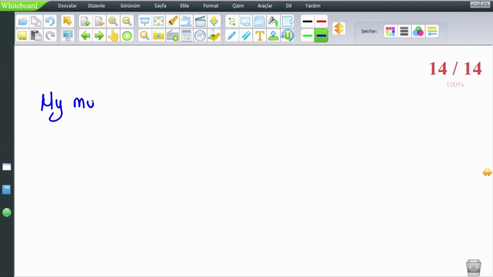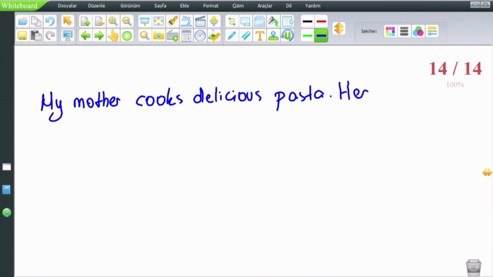My mother cooks delicious pasta. Her recipe book is pretty good.